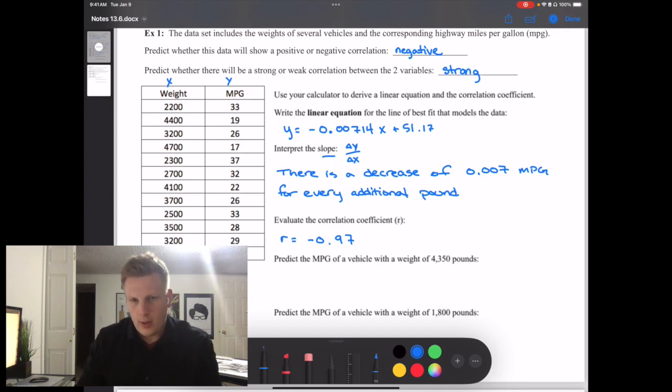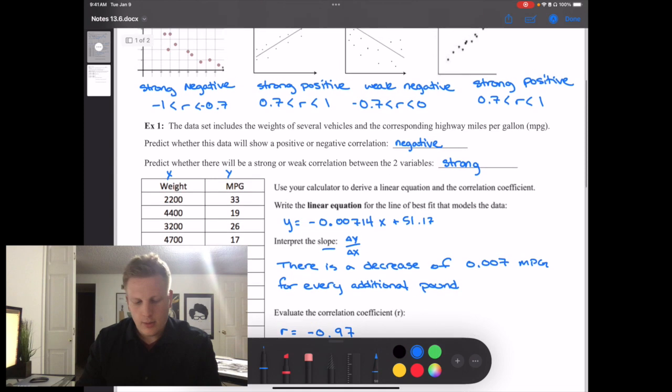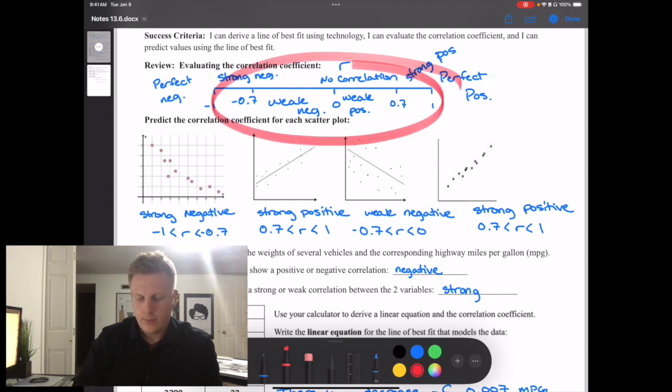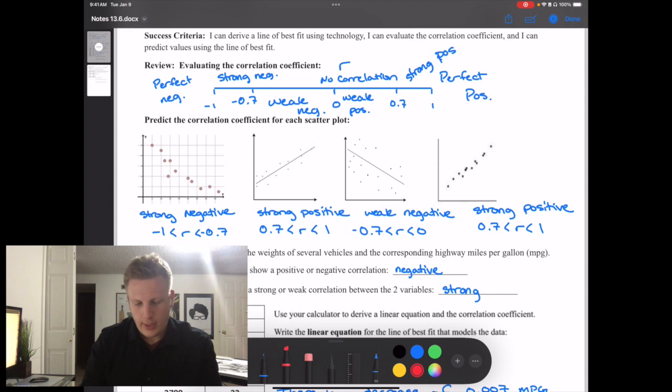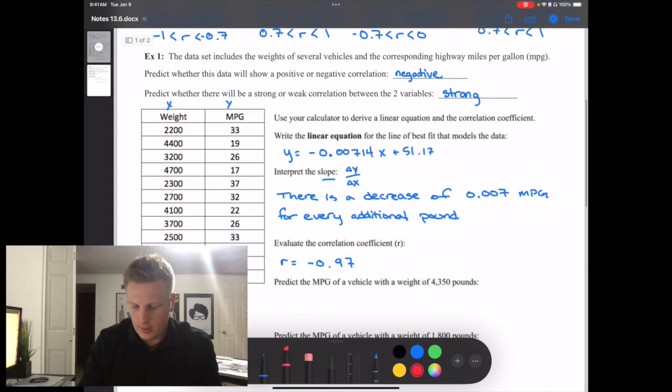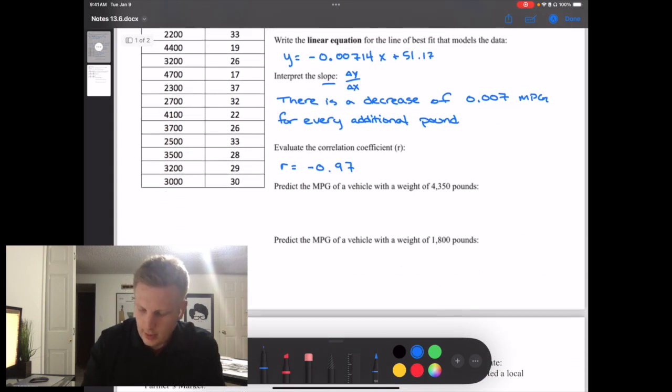If I think about where that lies on my wonderful little timeline up here, 0.97 is really close to this -1. That's a nice, strong negative right in there. And so that's what I'm going to write: this is a strong negative correlation.